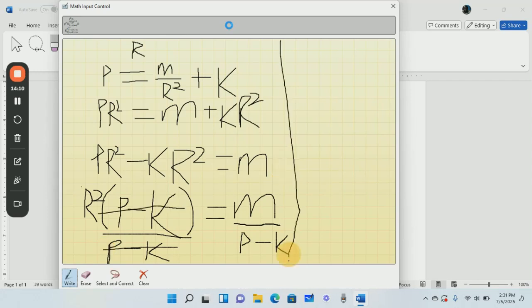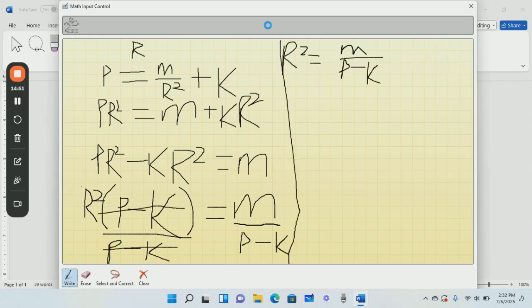So right now, what do we do so that the r will be on its own? Once you have r squared here, we square root both sides. So now you have the square root of r squared equals the square root of m all over P minus k. My m is not nice, let me clean it away.